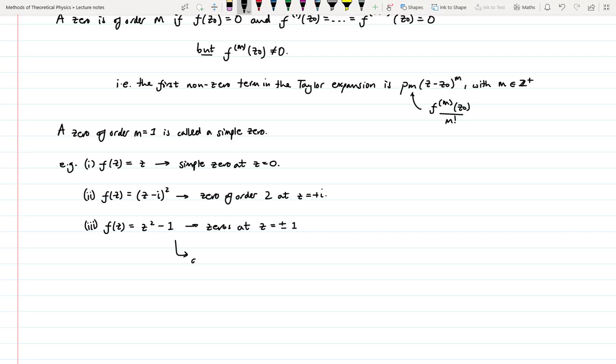If we consider about z equals minus 1, then we can rewrite this, and you can check for yourselves, as z plus 1 squared minus 2 lots of z plus 1. And the first non-zero term in this Taylor expansion is minus 2 lots of z plus 1. So this is a simple zero. You can check for the same behavior about z equals plus 1.